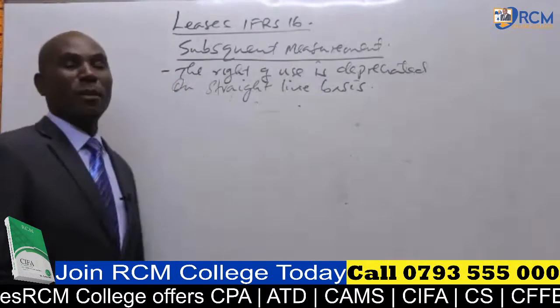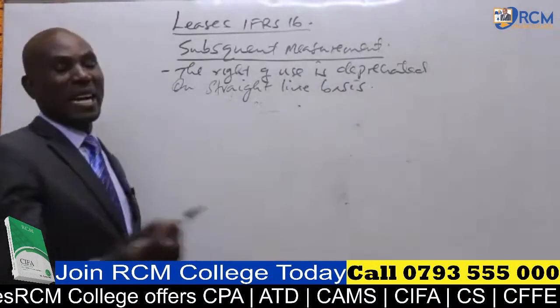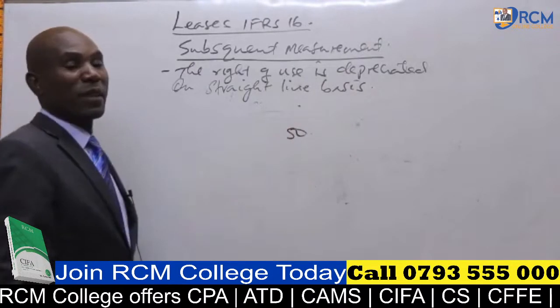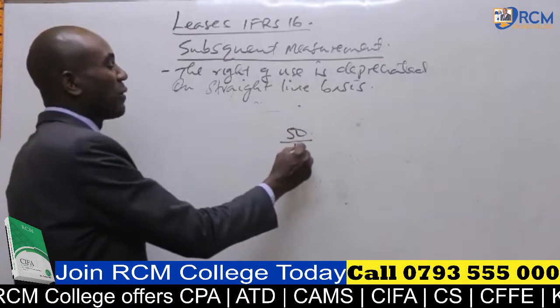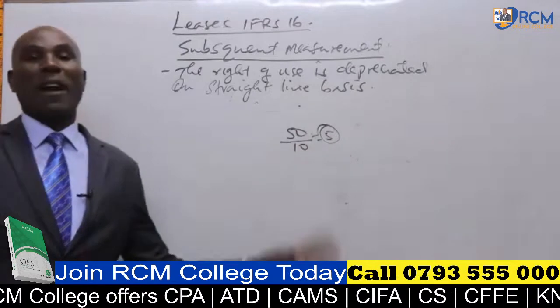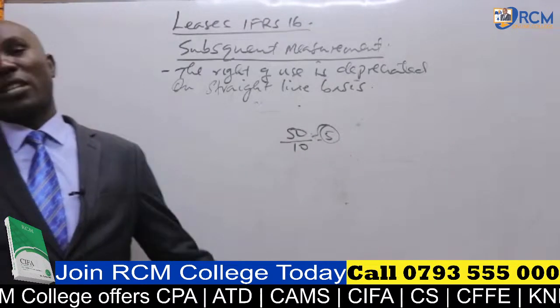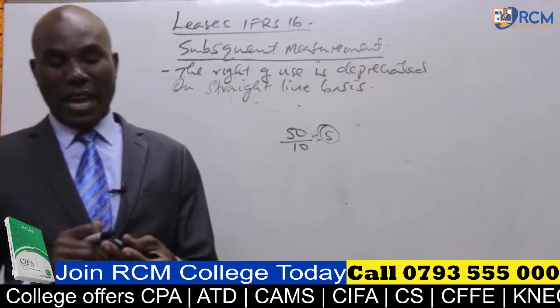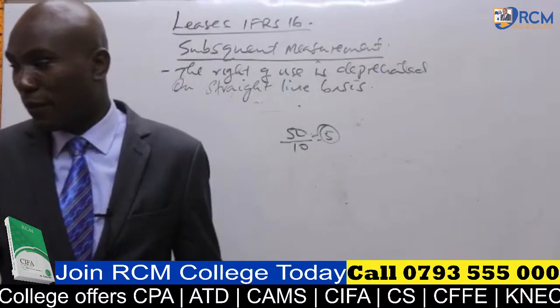Straight line means, for example, I'm taking the asset for 10 years. The value on initial recognition is 50. Therefore, with straight line, I divide by 10. Therefore, each year, I'm recognizing depreciation of 5 million. That is what we mean by straight line, cost over the useful life of the asset.